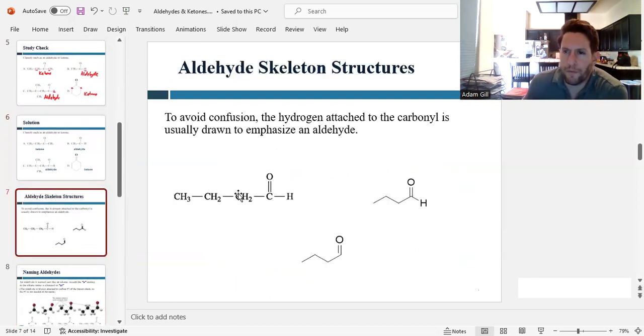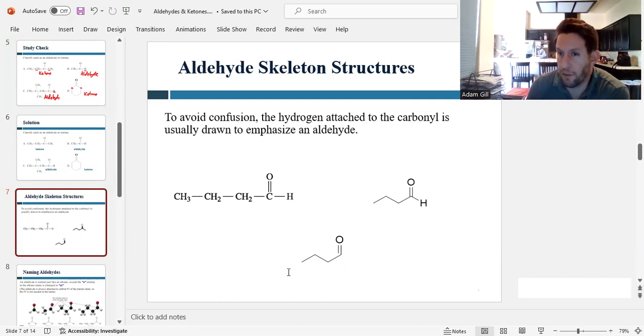Now, for drawing aldehydes as skeletons, in order to emphasize that it's an aldehyde, we usually include the hydrogen that's attached to the carbonyl. Now, you don't have to. It's okay to draw it this way at the bottom.